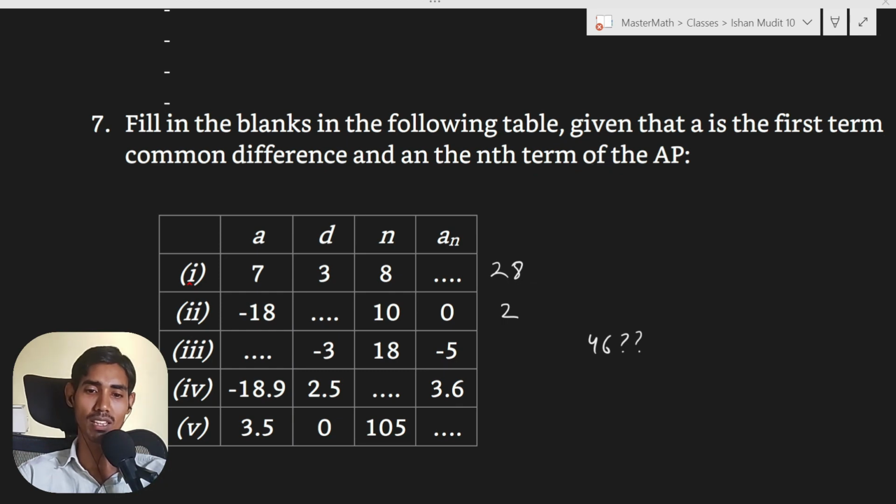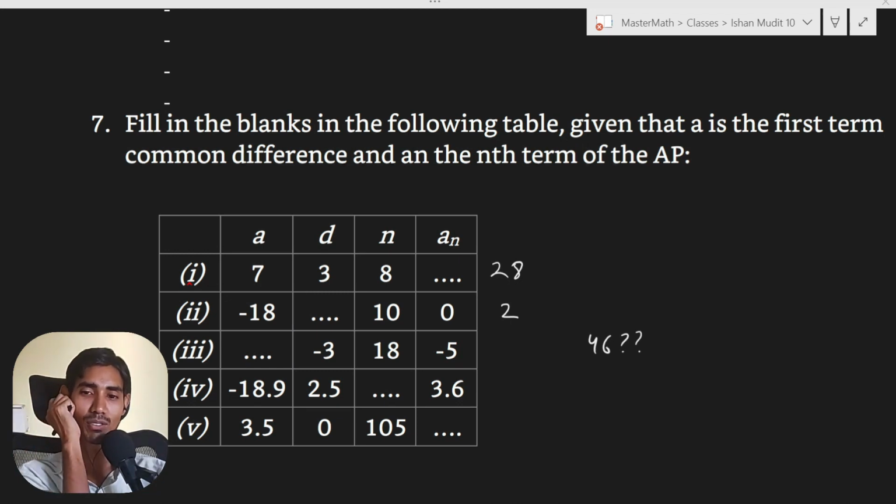Fourth one, Ishan needs to tell, and fifth one, Mudit needs to tell. But the fifth one is very easy.